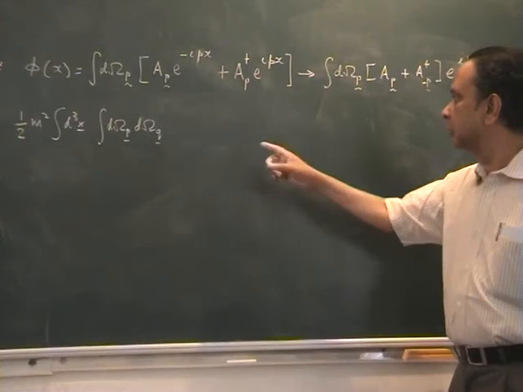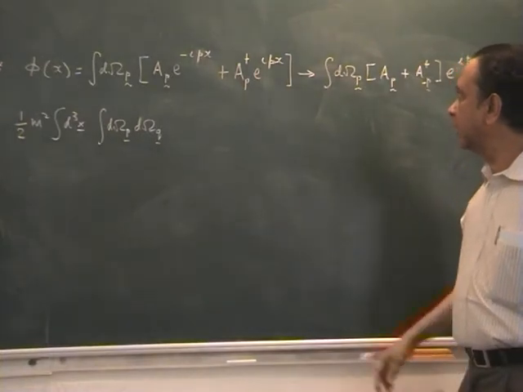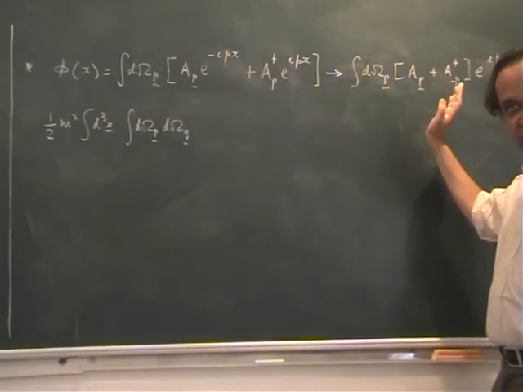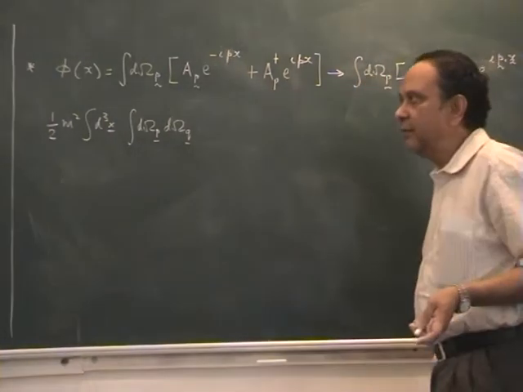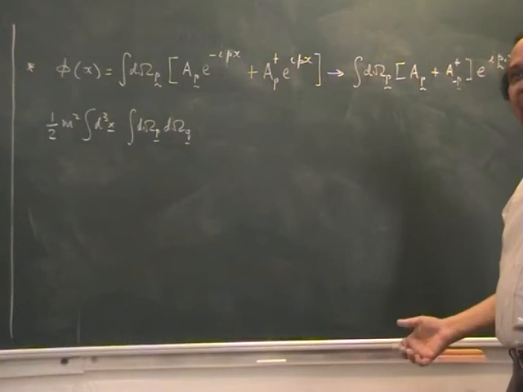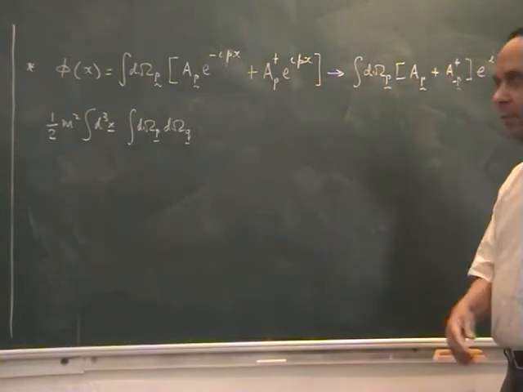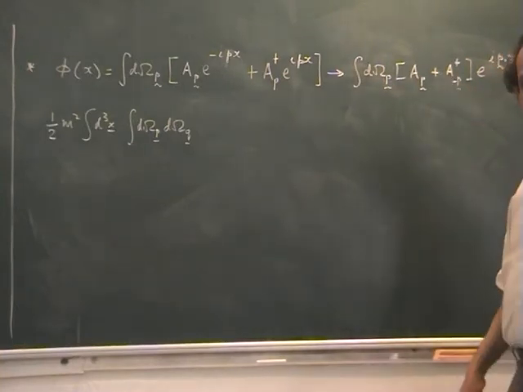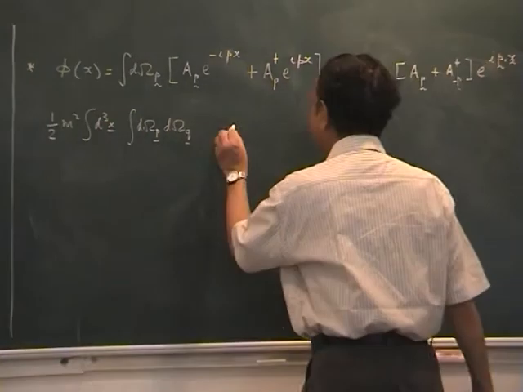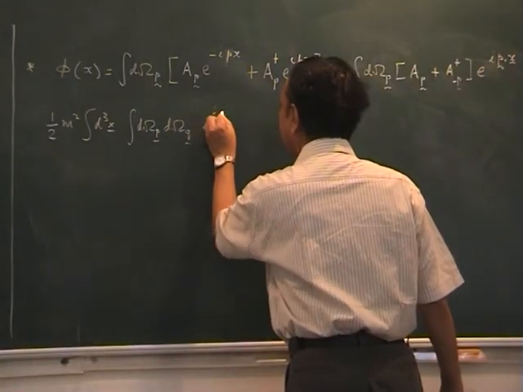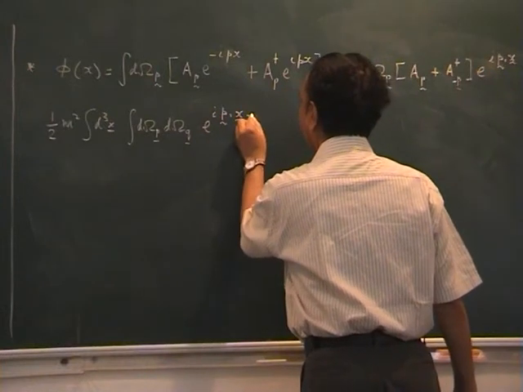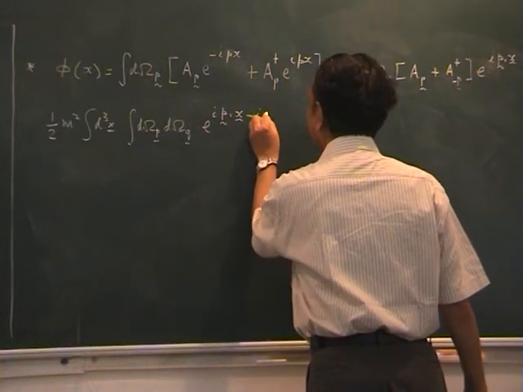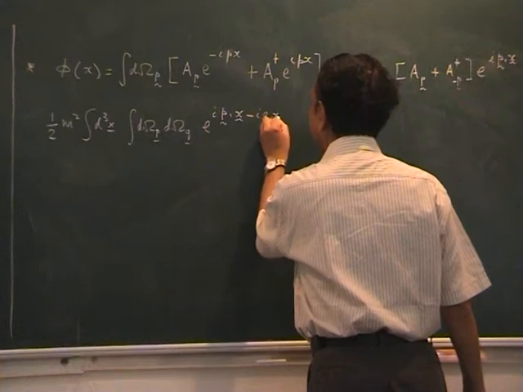Correct. So you have this, and you want to integrate the square of this quantity. So we'll have two copies of this. So it is of course convenient to write it as phi and a phi dagger, because phi dagger is same as phi, but the dagger will give you the correct complex conjugation. So you will have e to the I p dot x minus I q dot x because of the dagger.